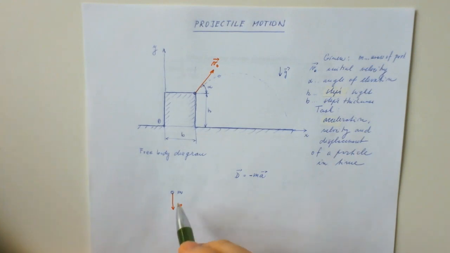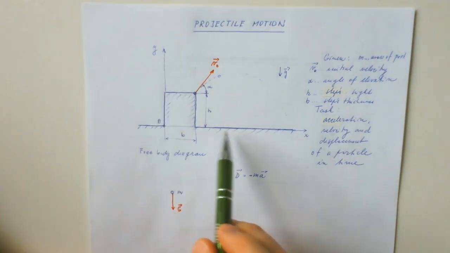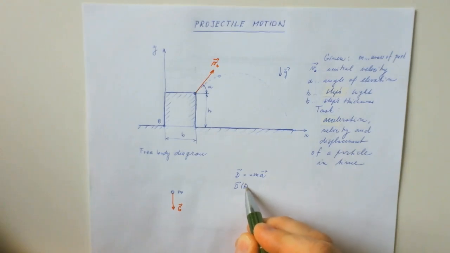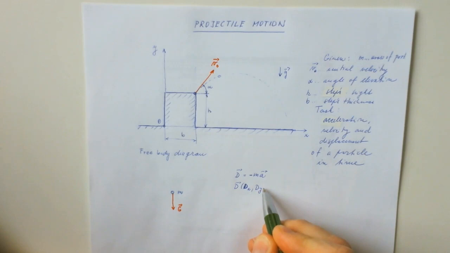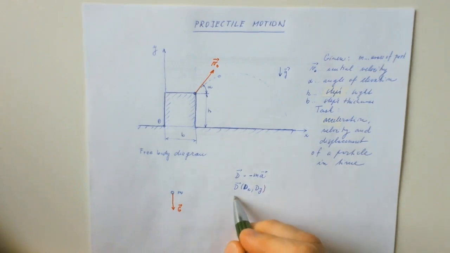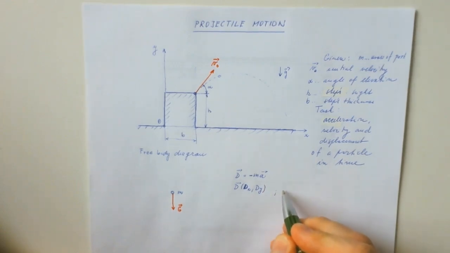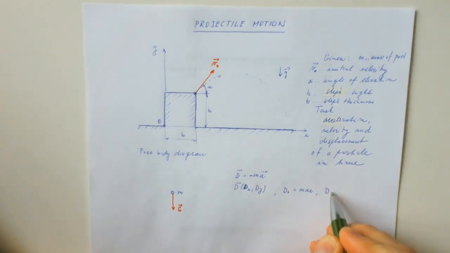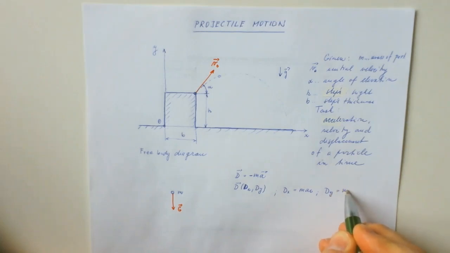Because we are in a two-dimensional system, we can define the D'Alembert force by its components, Dx and Dy, where Dx is m by ax and Dy is m by ay.